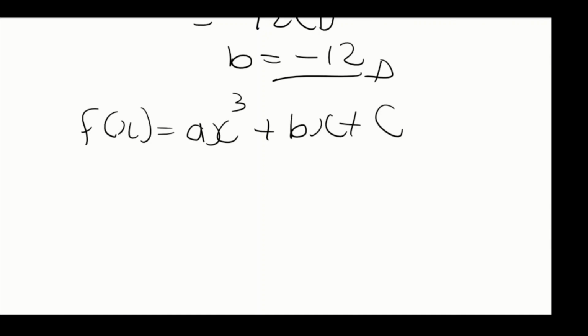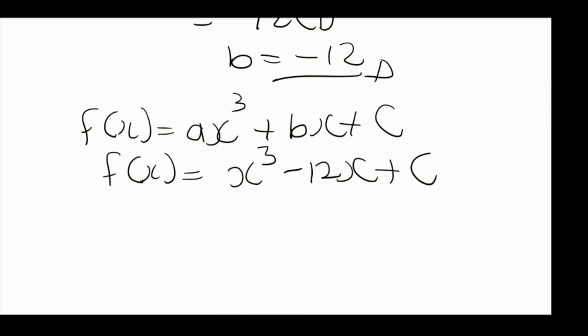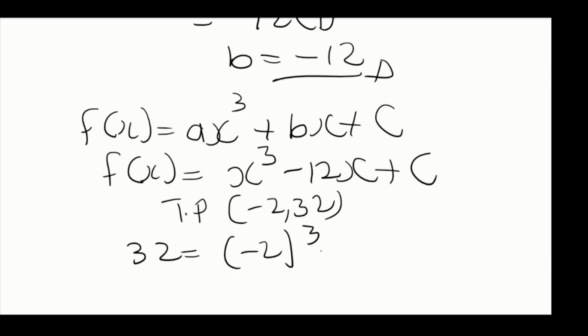So we already found the value of a and b. f of x is equal to, our a is 1, so it's x cubed, our b is minus 12x plus c. So what we're going to do is substitute our turning point of minus 2 and 32. So it's going to be 32 equals minus 2 cubed minus 12 times minus 2 plus c.